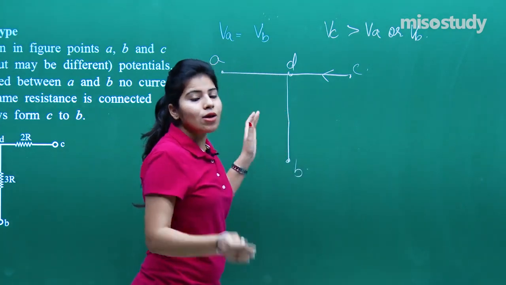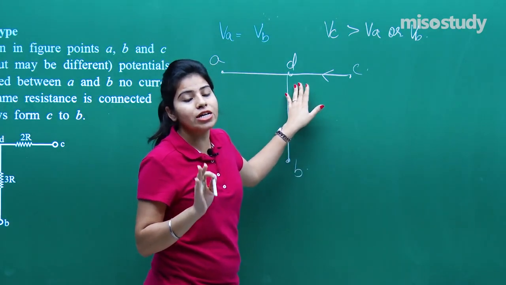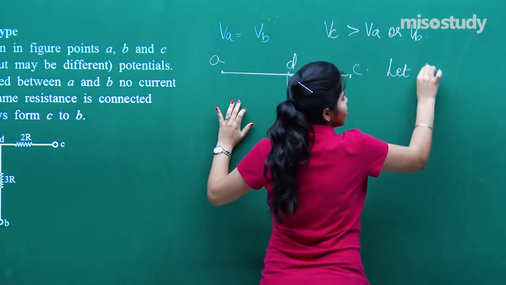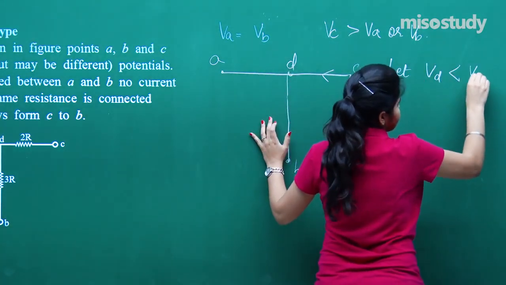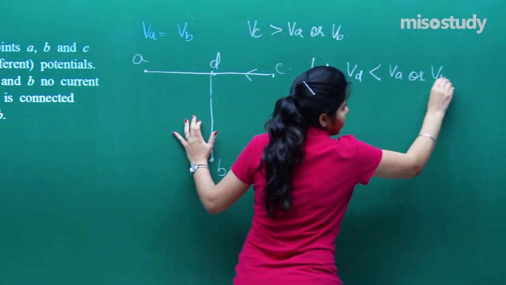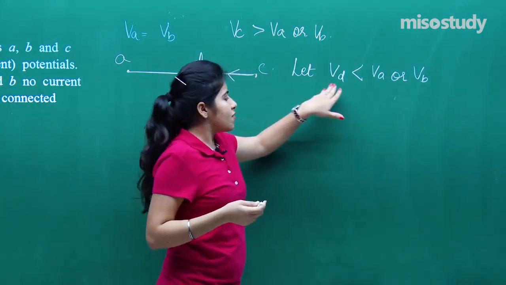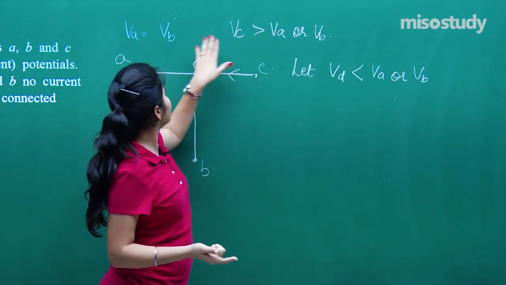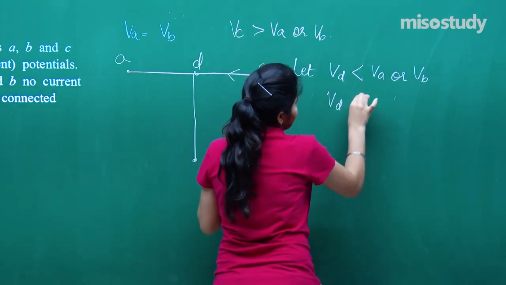Let me suppose, because I do not know the potential at D, that VD is less than VA or VB, since VA equals VB. So definitely if VD is less than VA, it is going to be less than VC also.